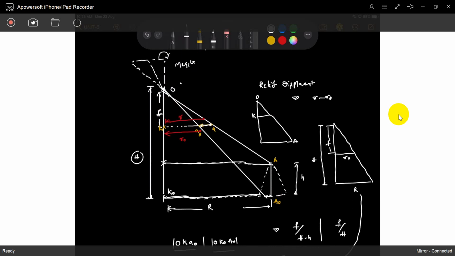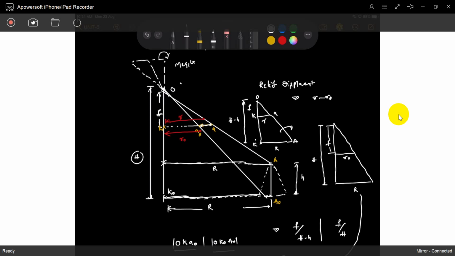This is a, you can call this k dash, this is a. Same, this is f. This height is what? H minus h. This is the small height, na? So same, based on the similar triangles, this is r. Okay, you can say it is capital R. See, this is also capital R.